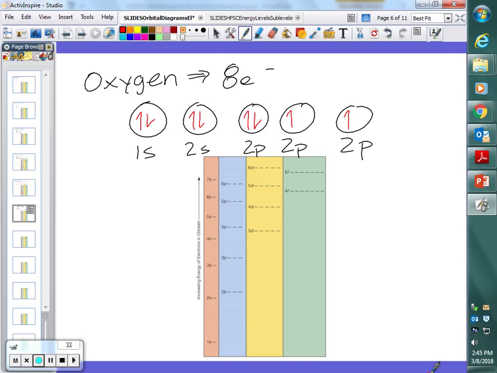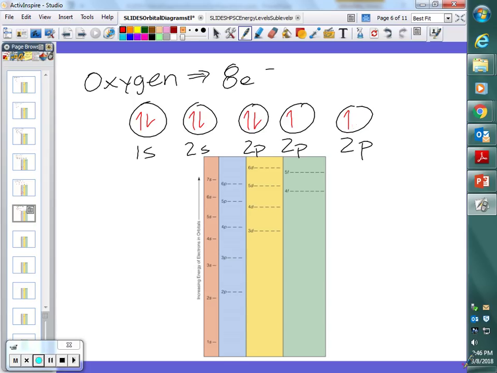If that one was up, that would be a wrong answer. What would be another wrong answer? If the electron in the last 2p orbital was in the second 2p, so we had 2, 2, 2, 2, and 0, that's wrong.